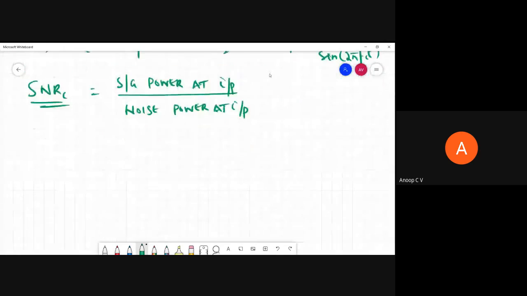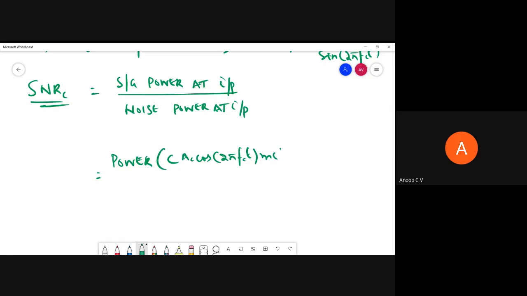As you are multiplying these things, the corresponding powers also get multiplied. So this is equal to the power in the signal, C AC cos 2 pi FCT times M of t, divided by the power in noise, the power in N of t.